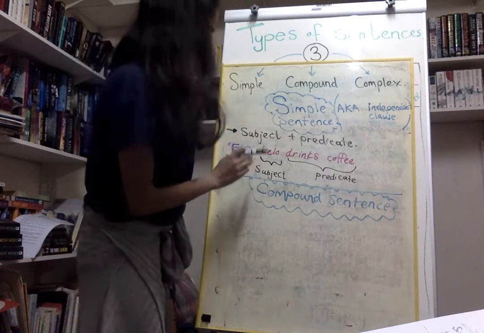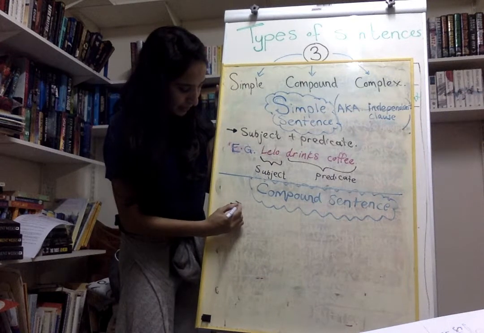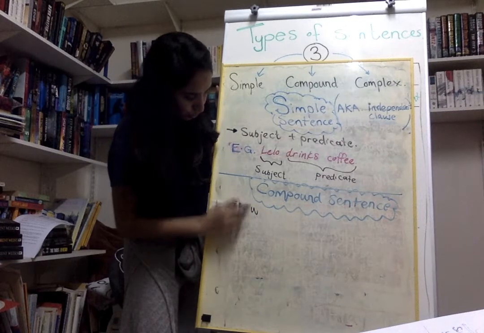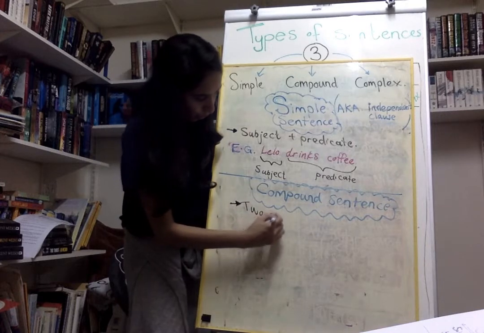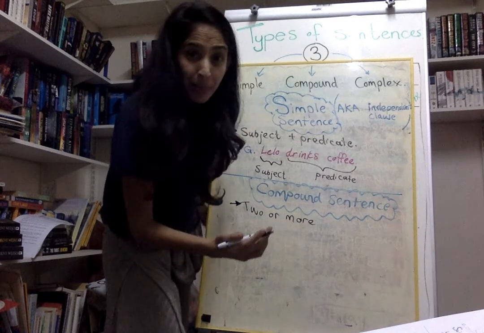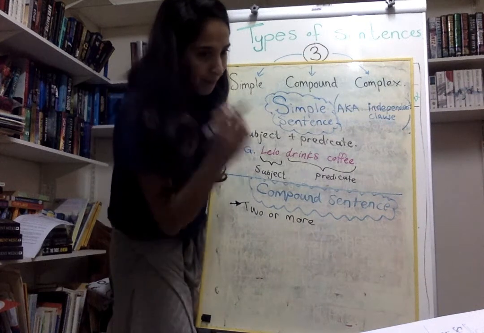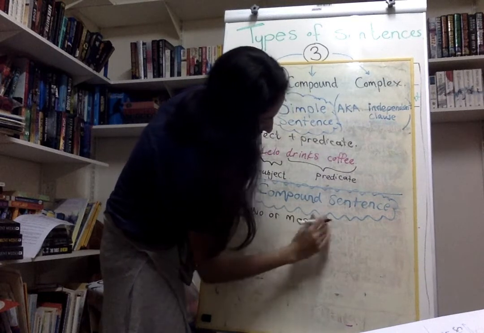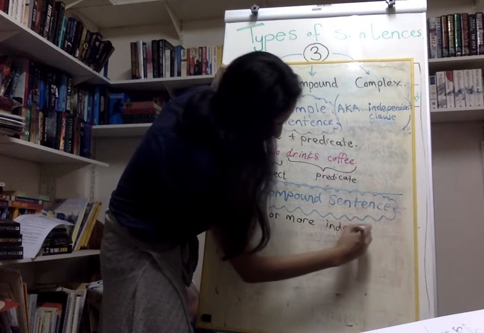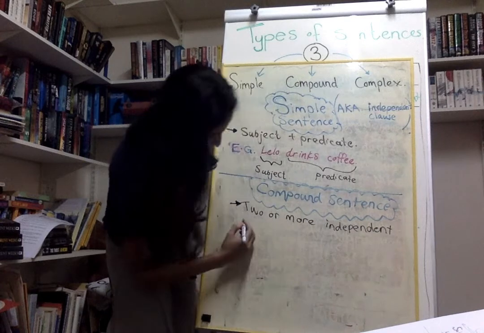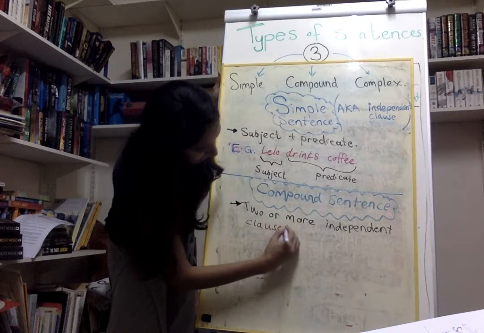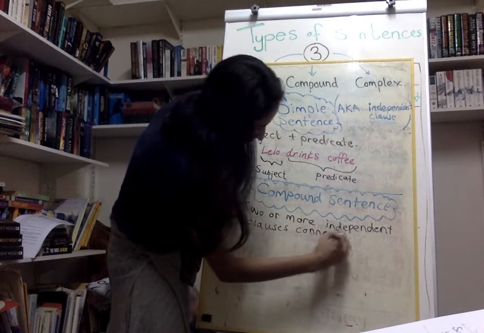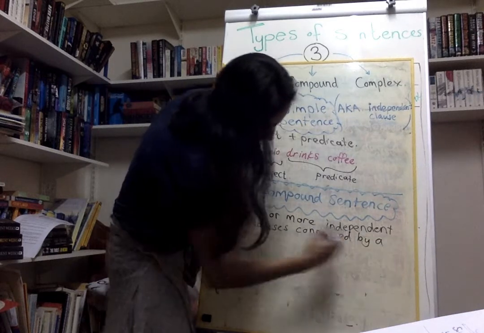A compound sentence has two or more simple sentences or independent clauses, which is the same thing as a simple sentence, and it's connected by a coordinating conjunction.